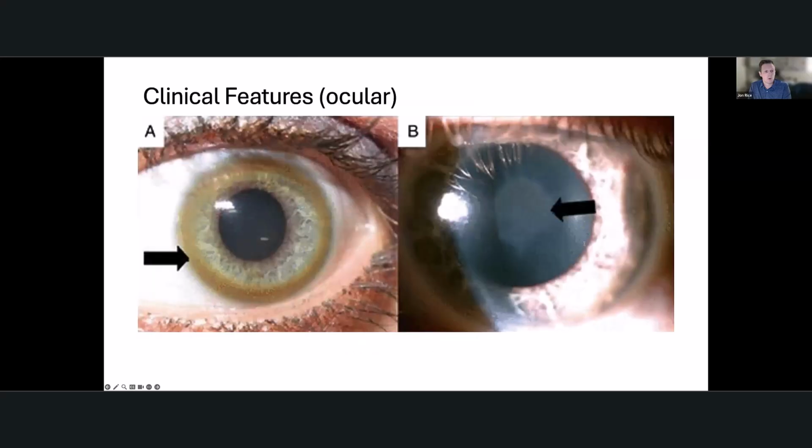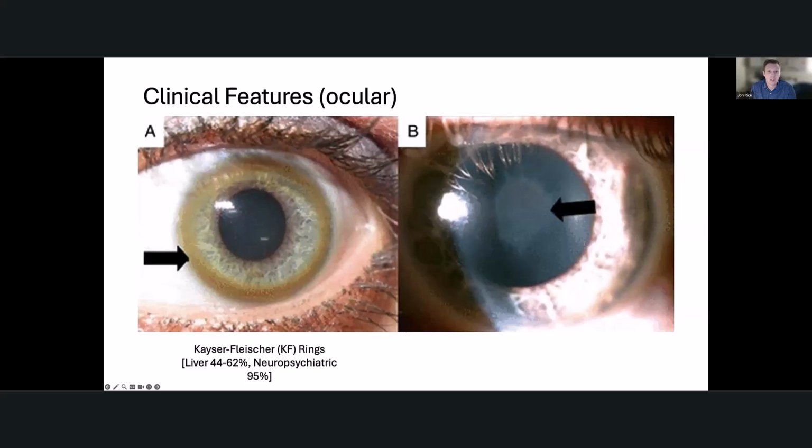Outside of the liver and neurologic symptoms, there are other important clinical features. On the left are the classic Kayser-Fleischer rings, or KF rings, which, while very important if present, in liver-specific presentations are actually a coin flip as to whether they will be there.